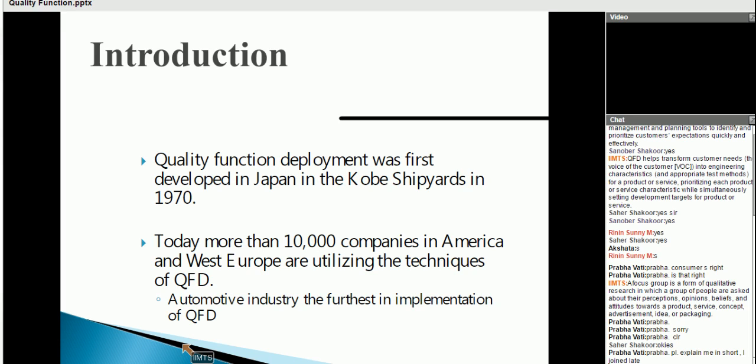Or we can say that it helps to transform the customer needs, that is the voice of the customer, into engineering characteristics. Engineering characteristics means including their views or ideas at the time of designing the product. Why? For improving the product quality or service quality.